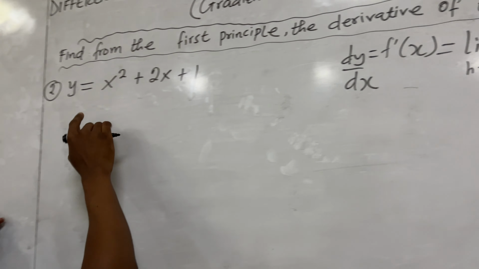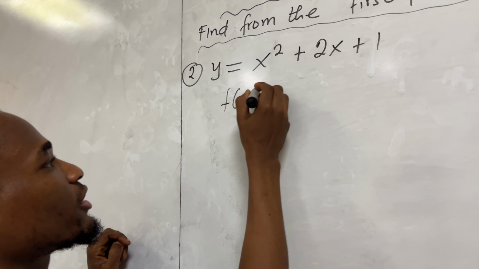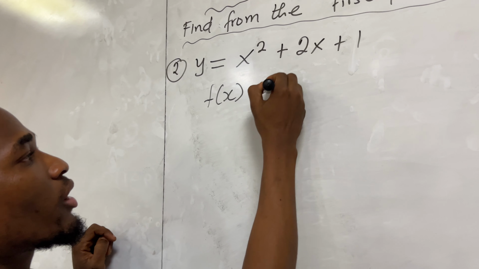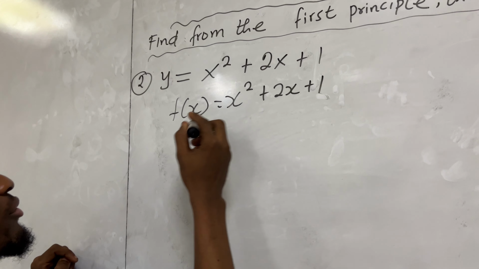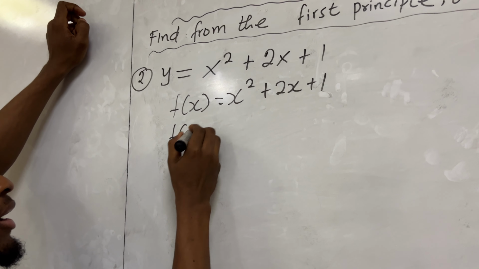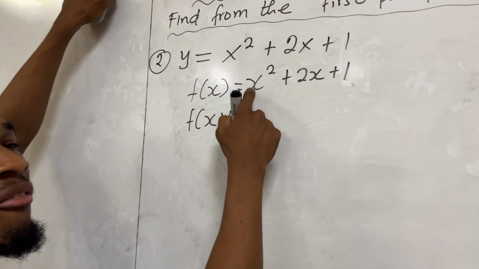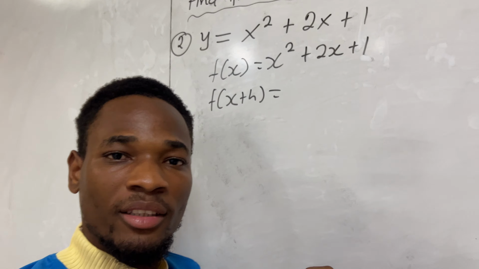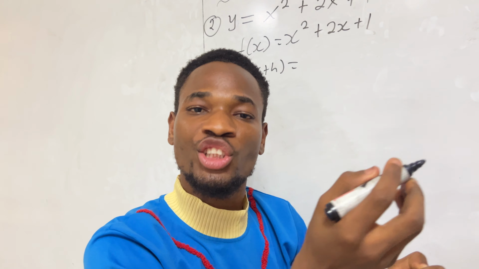So here, this function y is the same as f of x, which is equal to x squared plus 2x plus 1. Then I'll have my f of bracket x plus h. Now wherever I see x, I'll write x, then I'll increase it by some h.